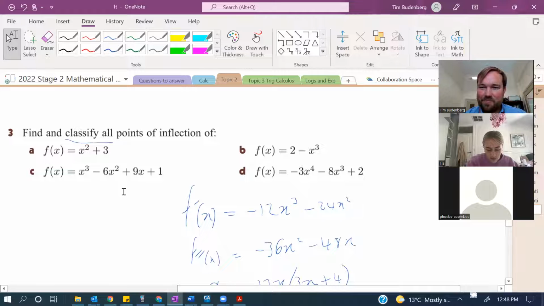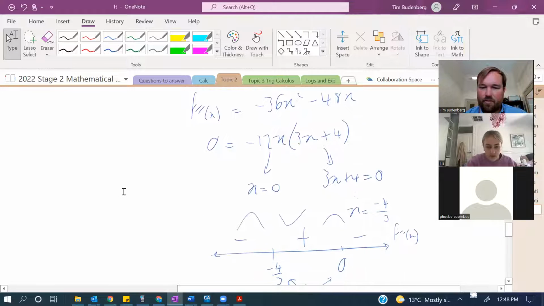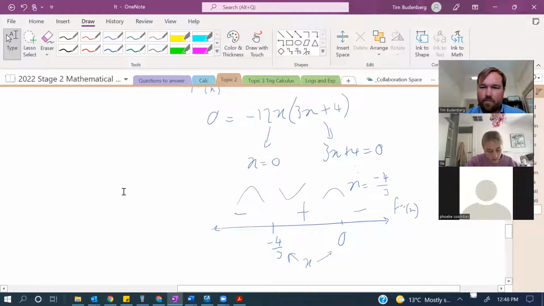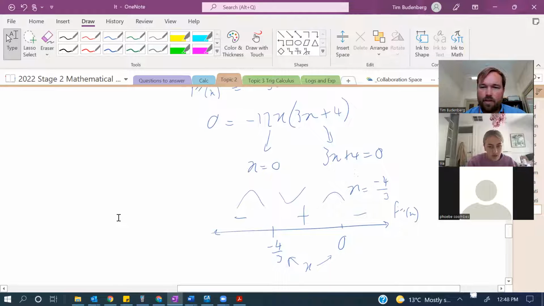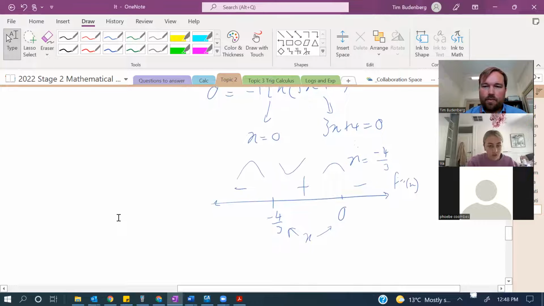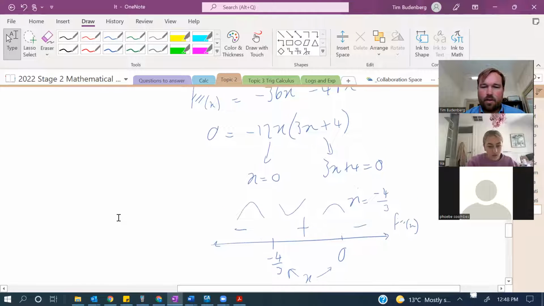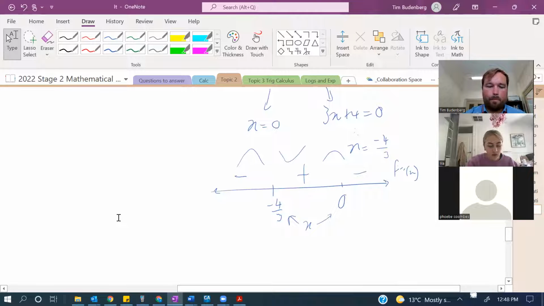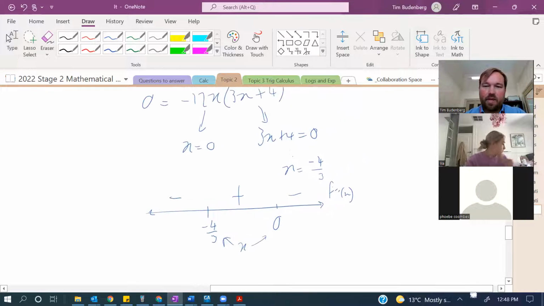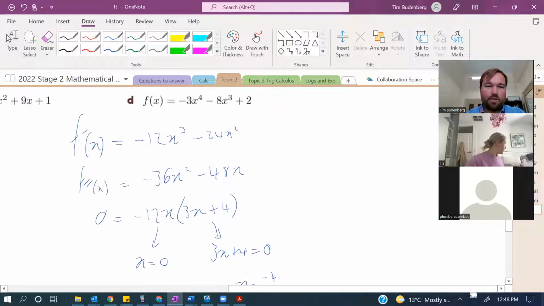Isn't it when the sign diagram looks like...? So that would be a non-stationary inflection point, the -4/3. You're right, that will be non-stationary. The other one though, I think, will be stationary.